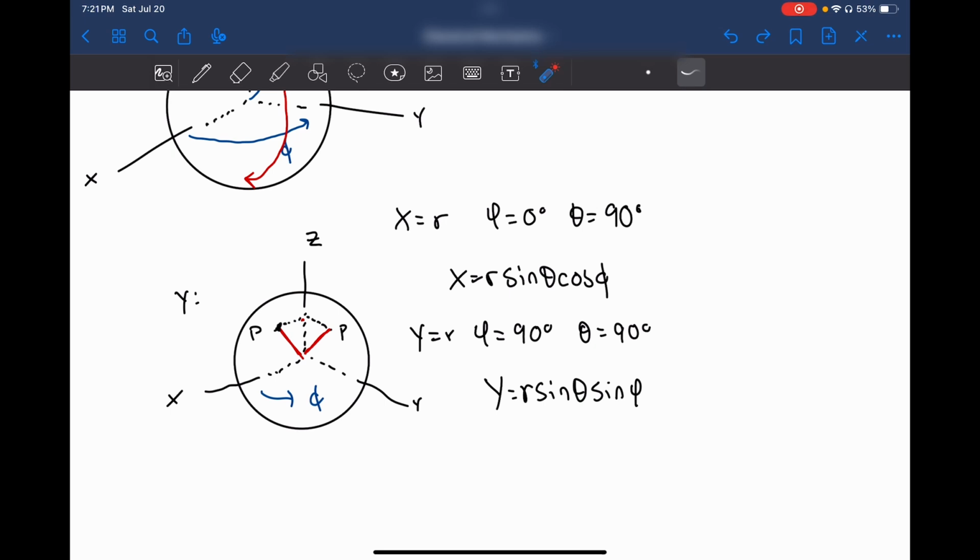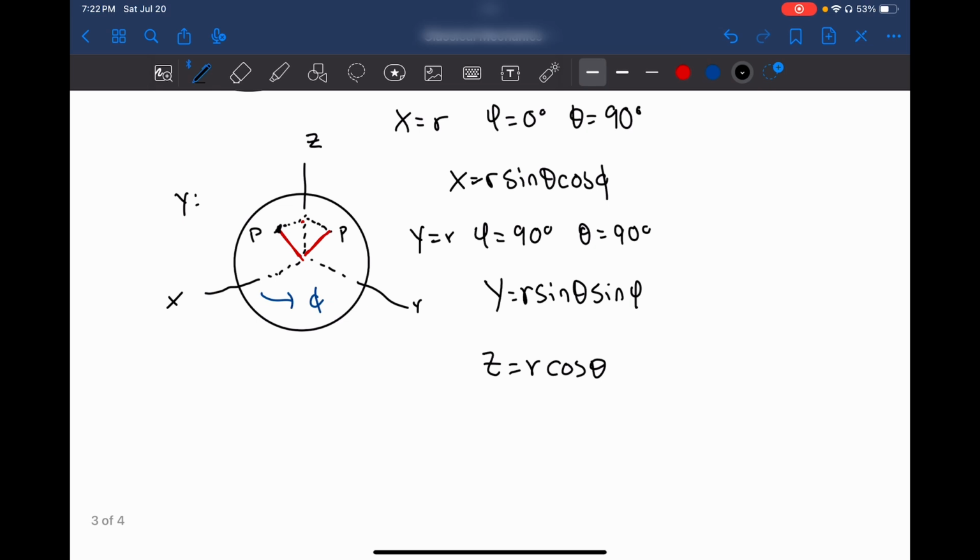However, in order for this vector to lie along the z-axis, we need theta to be 0 degrees, lining up with the z-axis. So z is r cosine of theta. And there we have it, the three conversions from Cartesian to spherical.